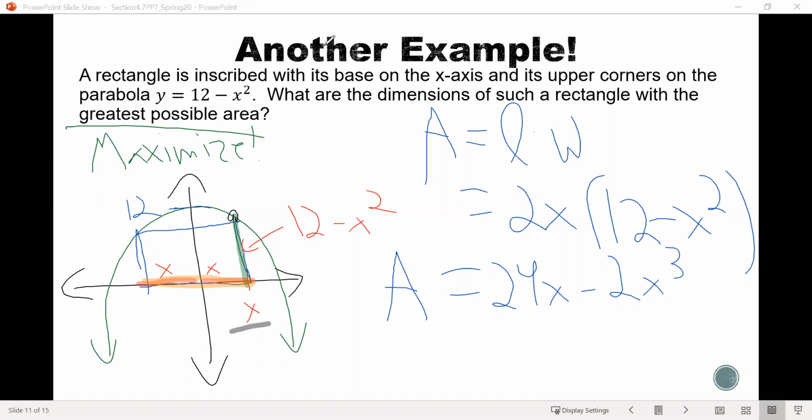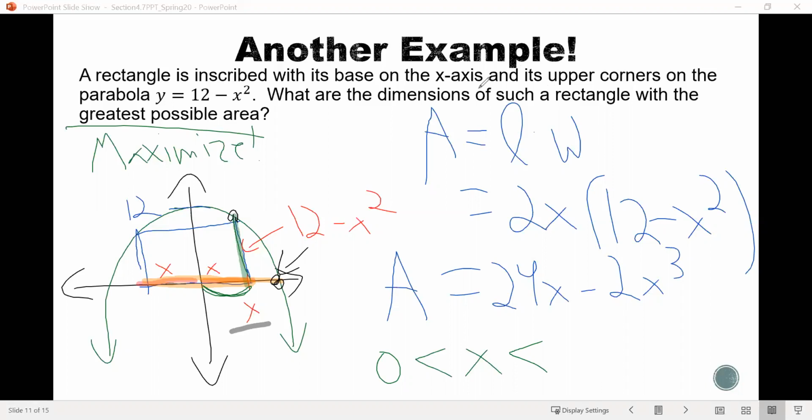Let's also put some bounds on the value for x. So what is the smallest value x could be? Well, if there was no distance right here, it would be 0. And then what is the largest? Well, it looks like from the picture, the furthest out we could go along to this side and still have a rectangle that touches the parabola would be to that point where the parabola intersects the horizontal axis.